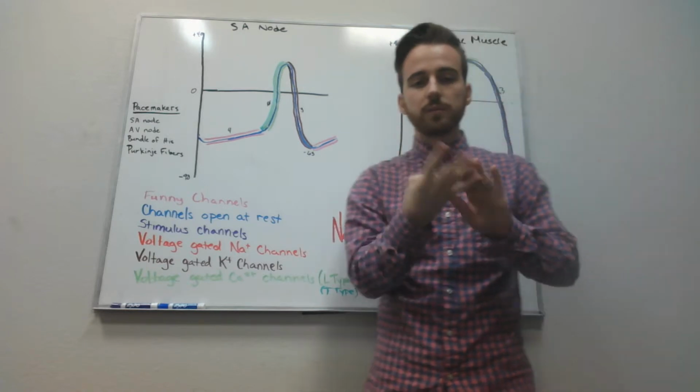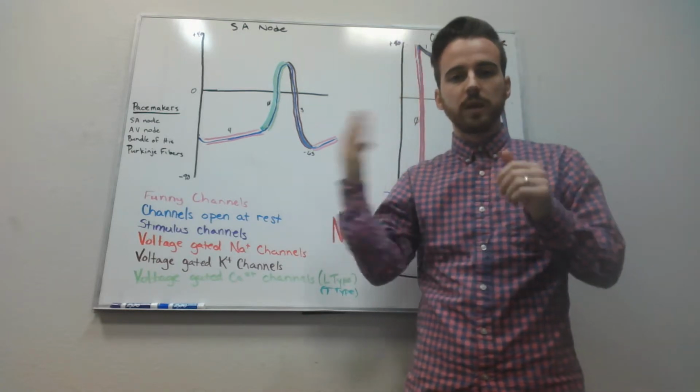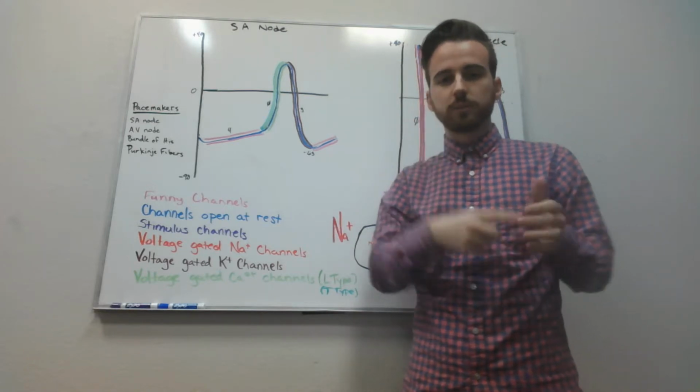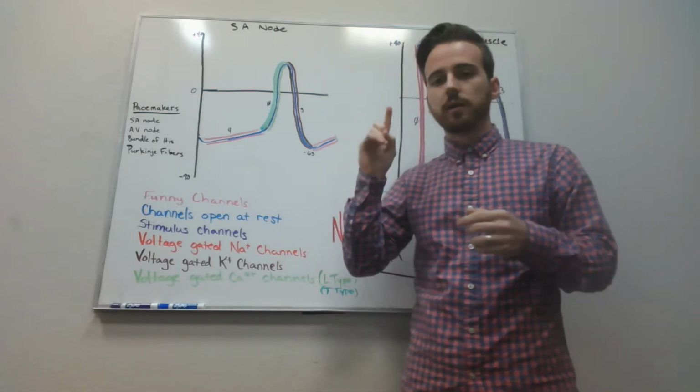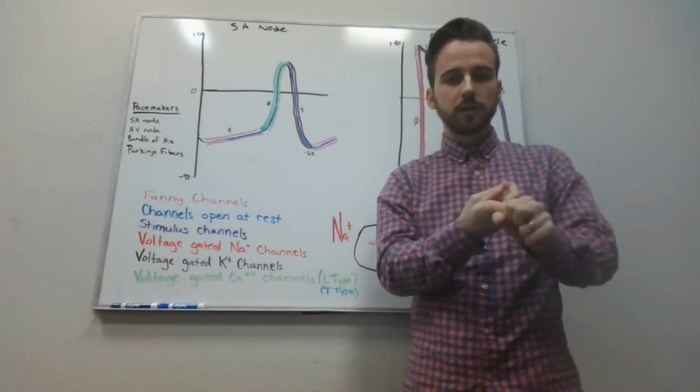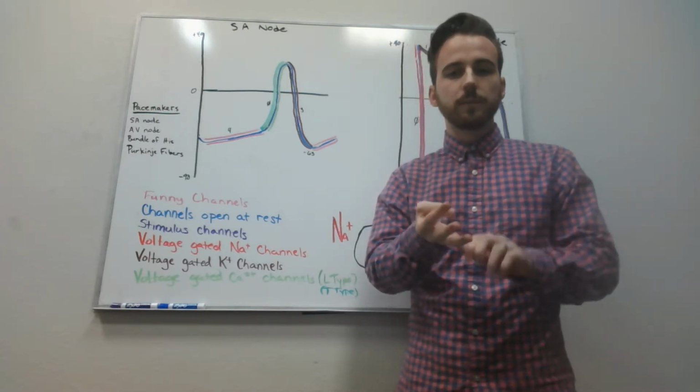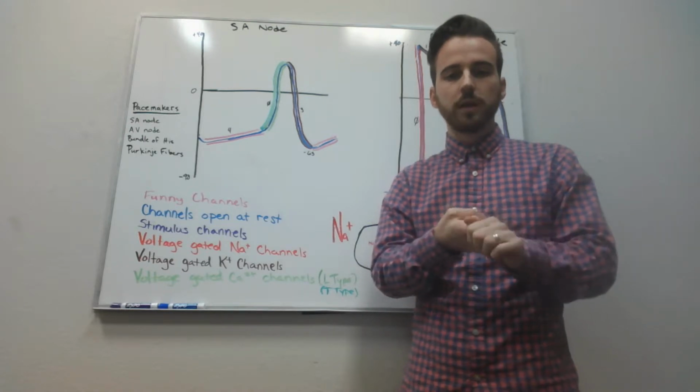Now, there are 4 different types of tissues that have this pacemaker function, but only one is ever expressed at a time. The 4 tissues are the sinoatrial node, the atrioventricular node, the bundle of His, and Purkinje fibers.